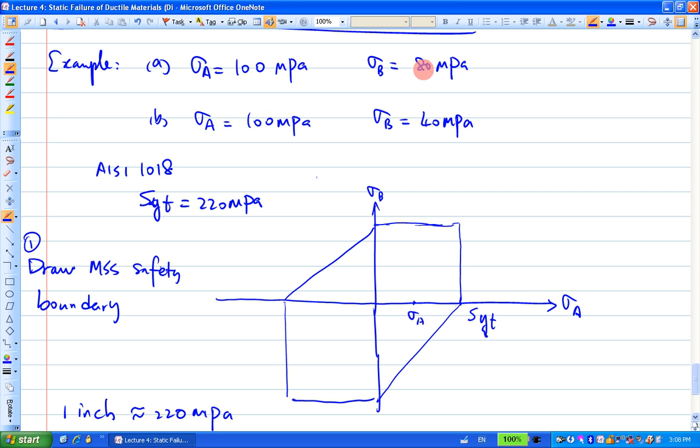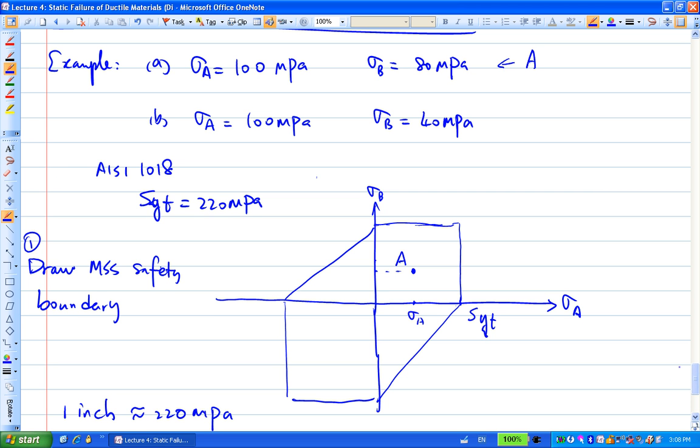Whereas B is 80, which is still smaller than half of that, so it's probably somewhere here. Use your ruler and nail that as precisely as possible. So that's the point. I'll use the point A here for that state of stress.